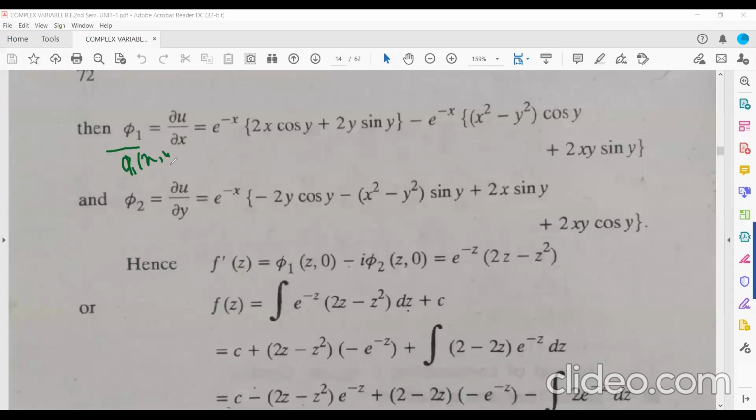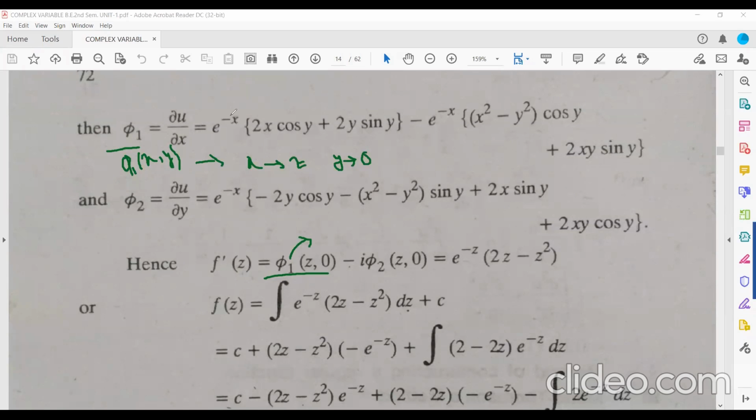Now you need phi 1 of z0. To get this, what you'll do here is simply replace x by z and y by 0. Just simply replace x by z and y by 0. So just put here y0, cos 0 is how much?